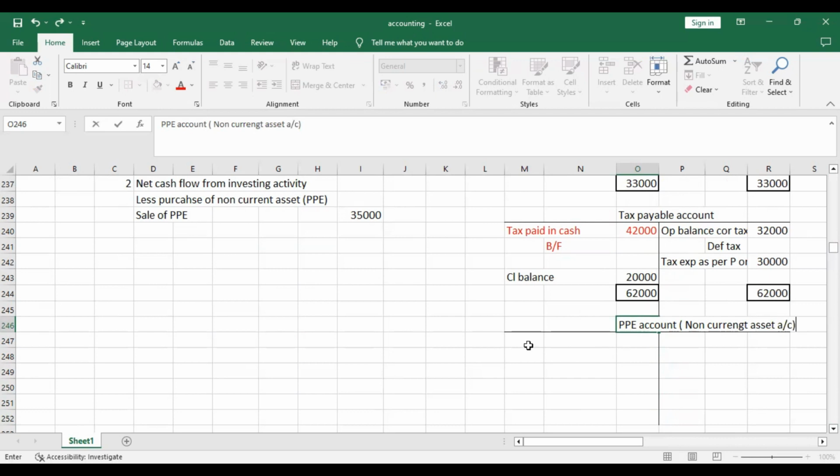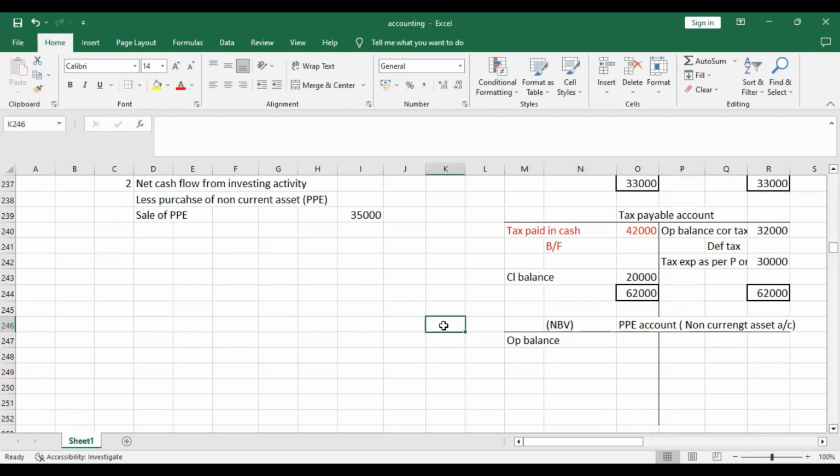Since PPE is an asset account, opening balance is always debit, closing balance will be credit. So you write simply opening balance. Here you may get a question, which one do you take? It is always better to take net book value.